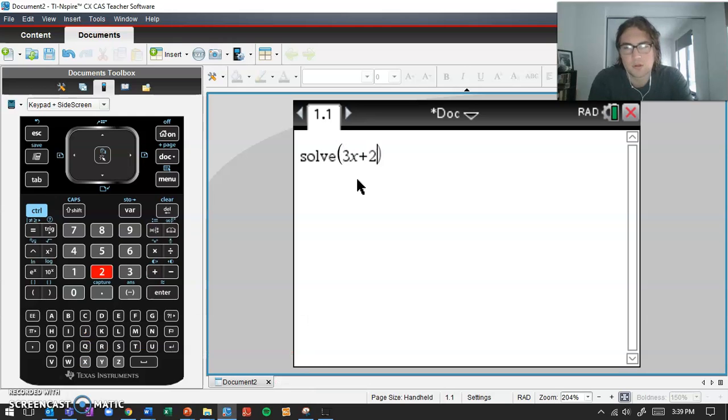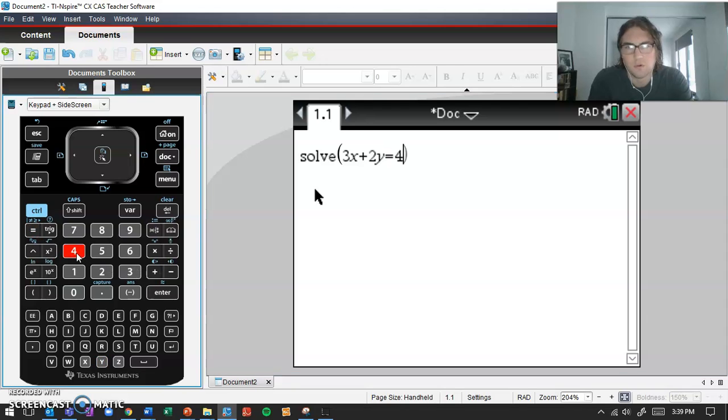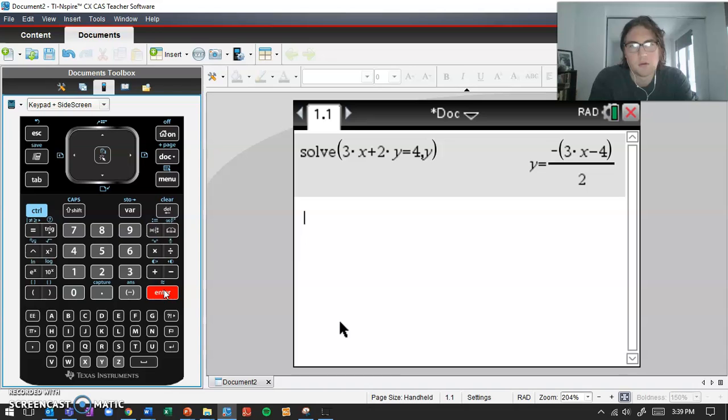Remember, you go solve for, and in this case I'm not solving for x, I'm solving for y. So let's solve for y, and I'm going to press enter. y is equal to that. You could write that and that would be your answer, and that would be perfectly correct.